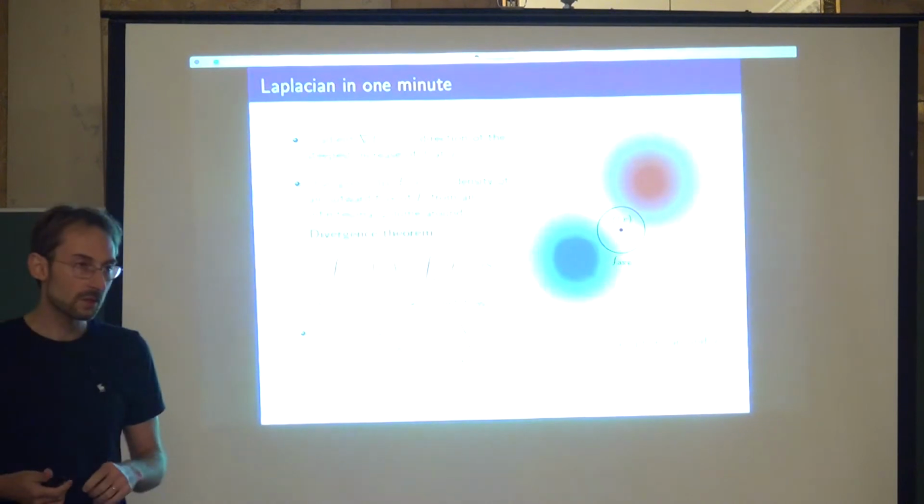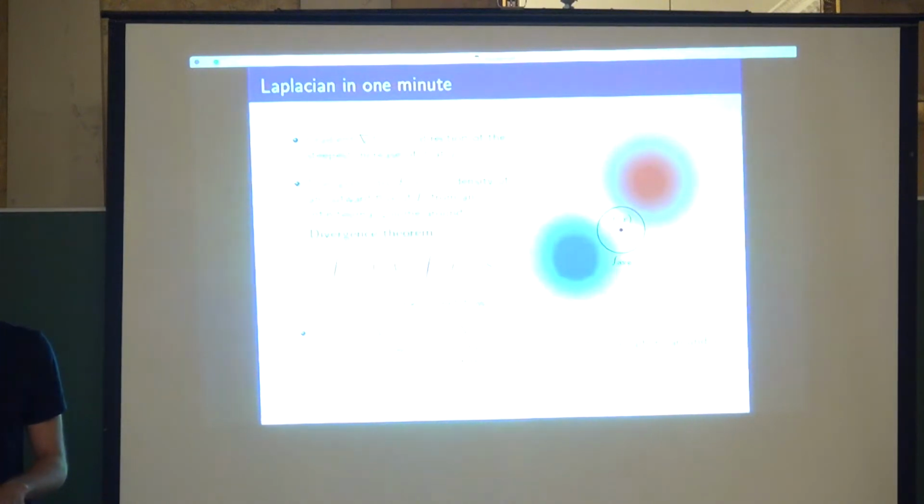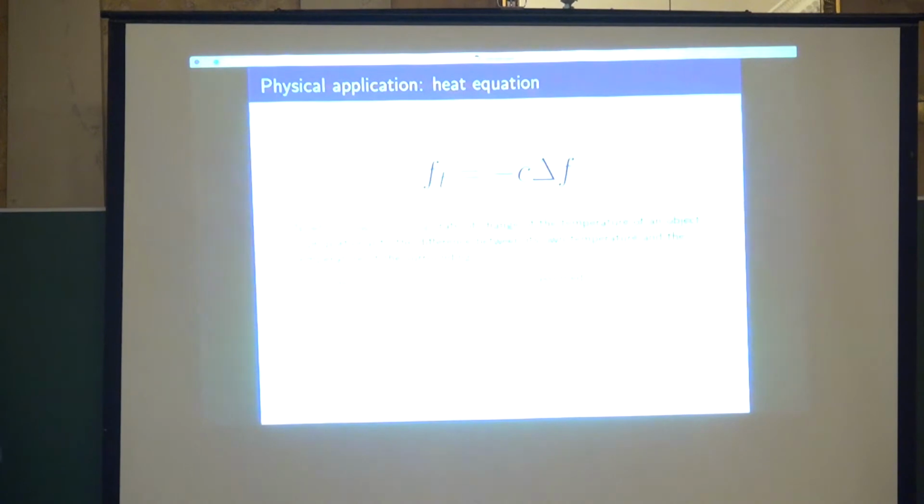Now, the Laplacian is really a ubiquitous thing. You can encounter it in physics, in mathematics, practically everywhere. One of the examples is the heat equation. I guess you've seen such a thing several times. Basically what it represents is what is called Newton's law of cooling, which tells us that the rate of change of the temperature of an object is proportional to the difference between its own temperature and the temperature of the surrounding of this object.